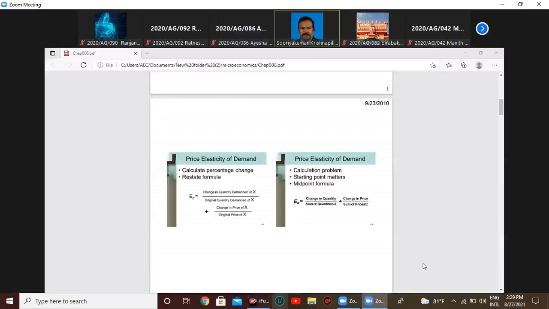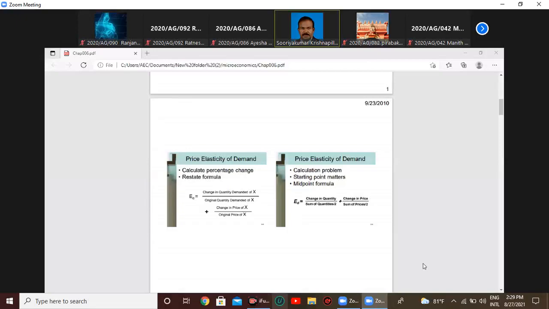The change in quantity demanded of x divided by the original quantity demanded of x, over the change in price of x over the original price.